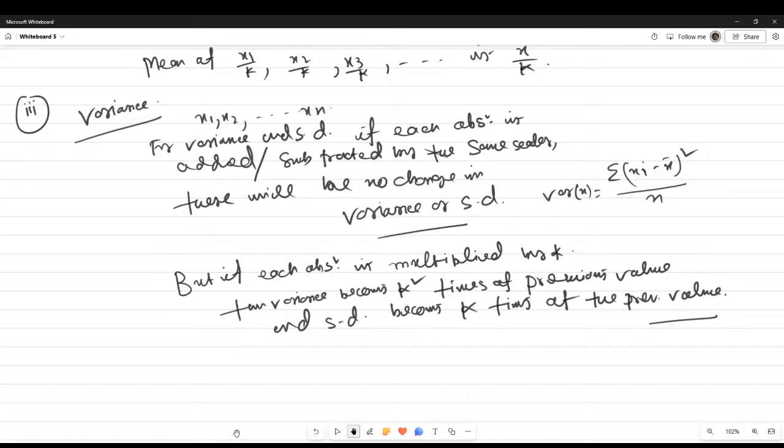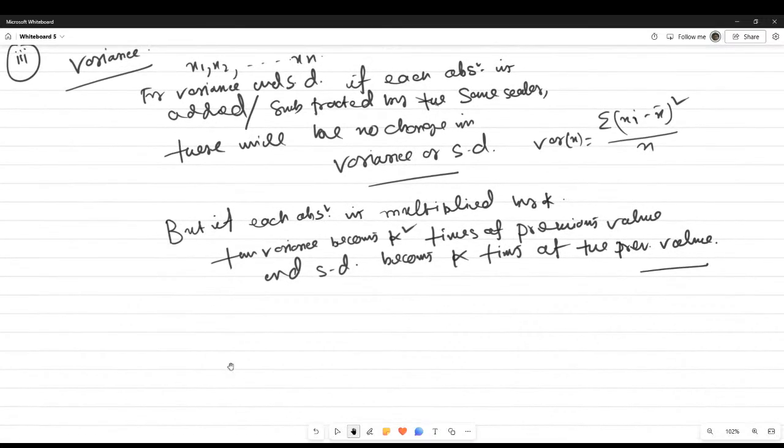Clear? Because standard deviation is the square root. Multiplied by k means (k xi minus k x bar) whole square, so it is going to be k square. But when you take the square root, then it will be k only. So variance by k square times and SD k times.